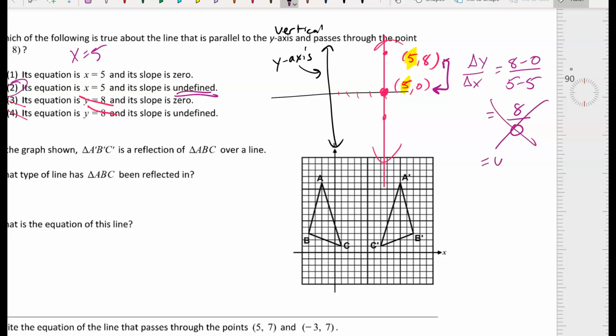Remember, you can't divide by 0 because there's no change in x here. The vertical line slope will always be undefined because you can't divide by 0. As opposed to a horizontal line in the form of y equals, that will always have a slope of 0. And those are just some facts you need to memorize from the last lesson we did yesterday.